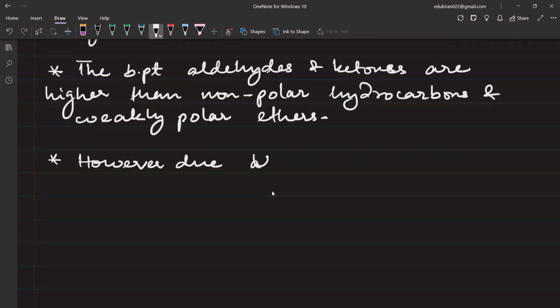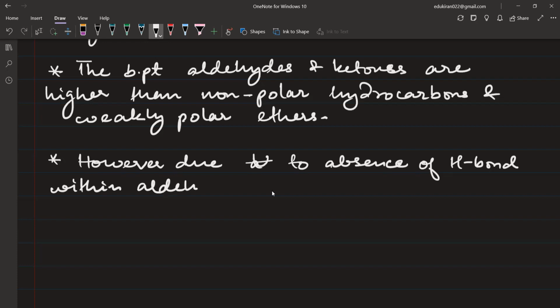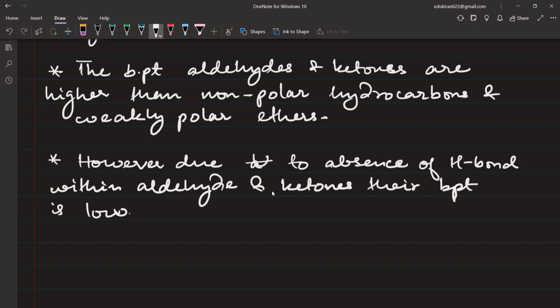However, due to absence of hydrogen bonding within aldehydes and ketones, their boiling point is lower than corresponding alcohols.